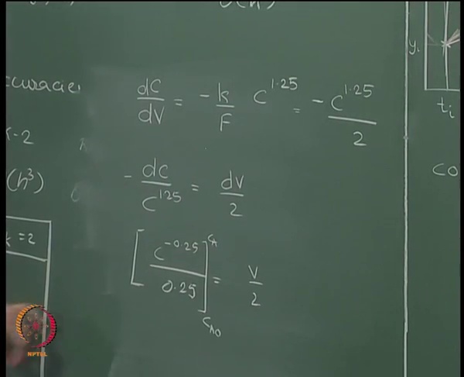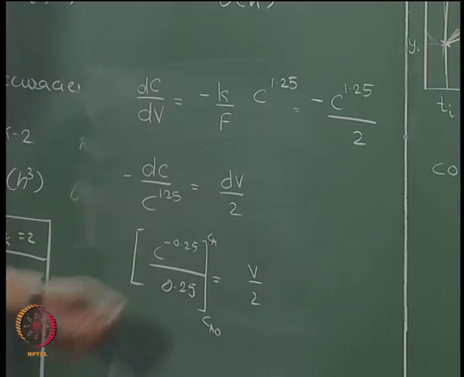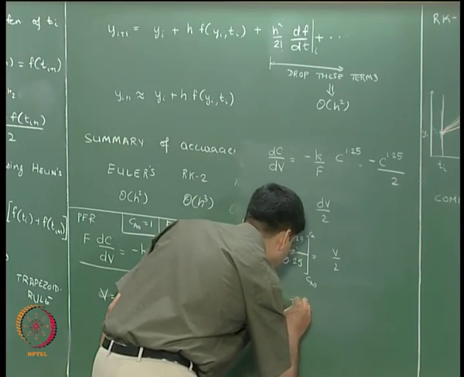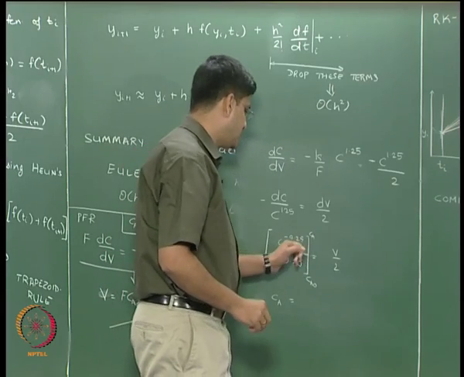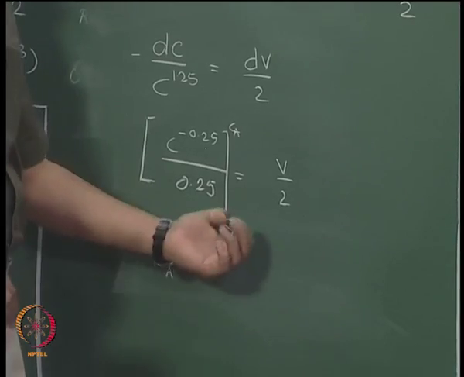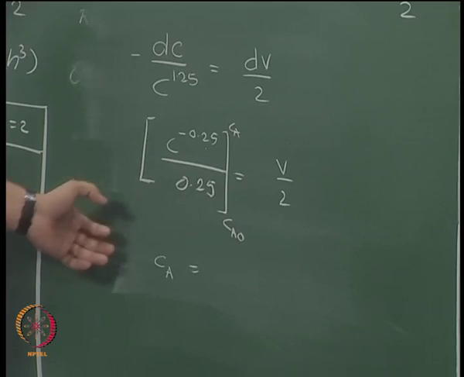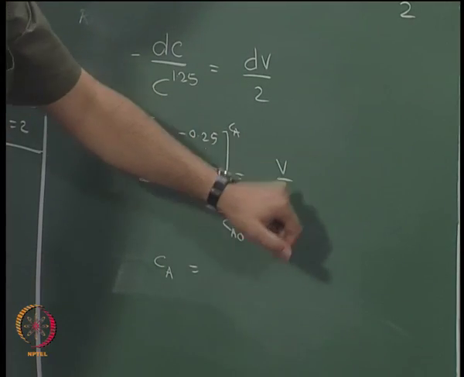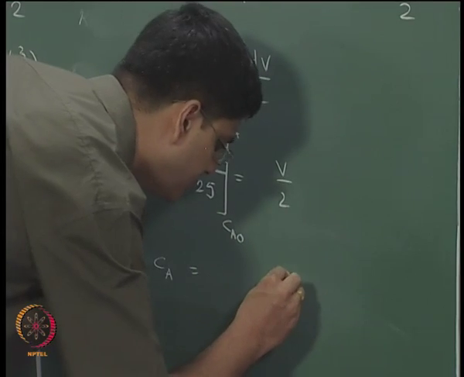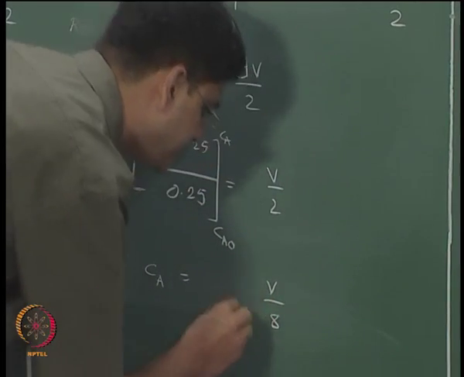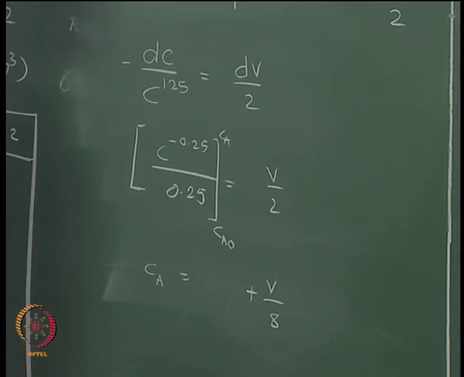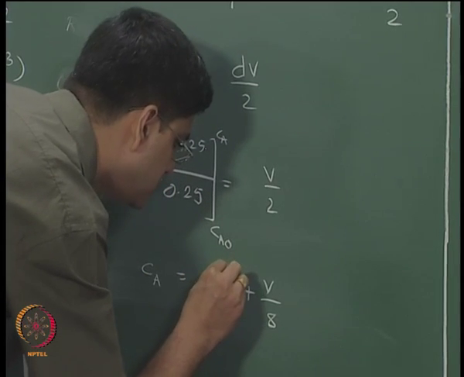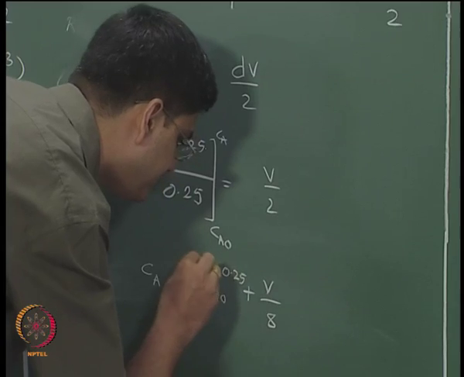Okay. And then if we rearrange this entire thing, we will get Ca to the power minus 0.25 minus Ca0 to the power minus 0.25 is going to be equal to 0.25 multiplied by V by 2, that is going to be V by 8, okay, plus Ca0 to the power minus 0.25.